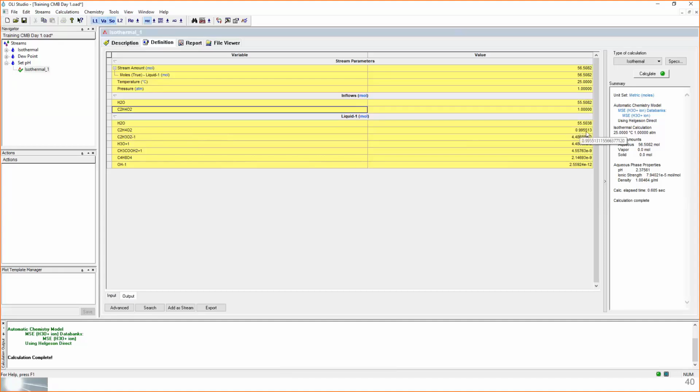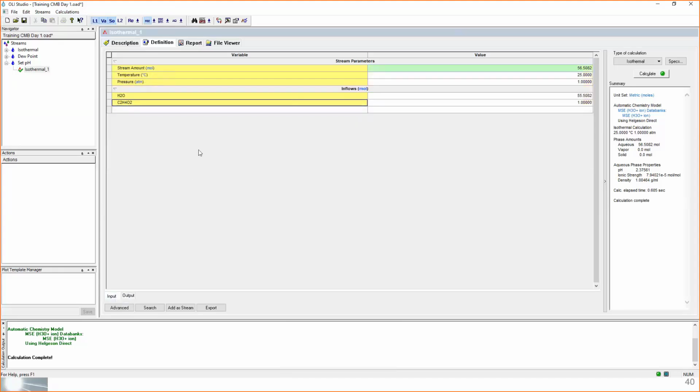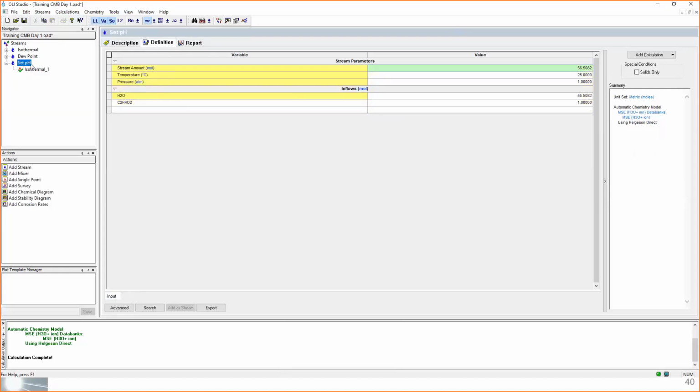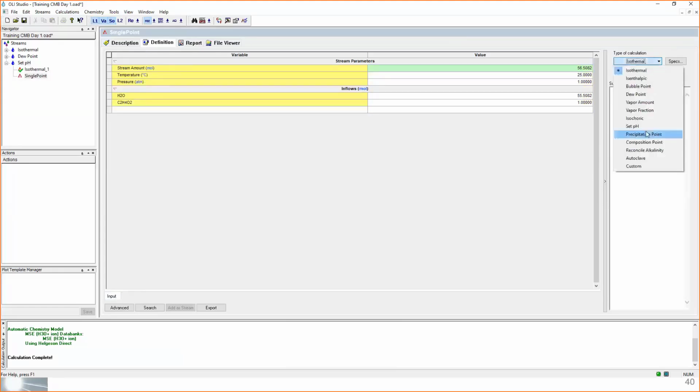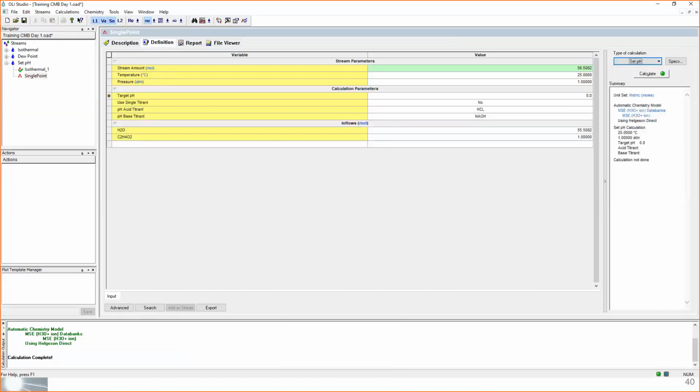This 0.99 moles. So we go back to our input tab in here. Then what we're going to do is click on the set pH stream, and add another single point calculation. And this time we're going to change this type of calculation to set pH, okay?